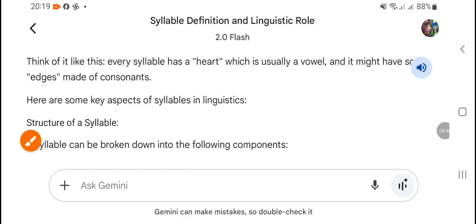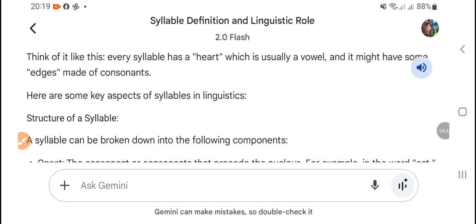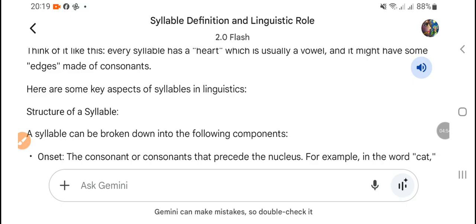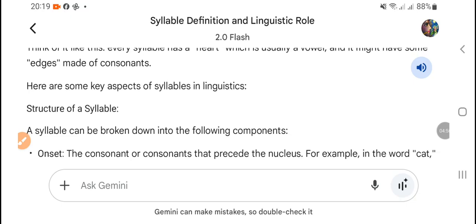Okay. Now think of it like this: every syllable has a heart, which is usually a vowel, and it might have some edges made of consonants, right?